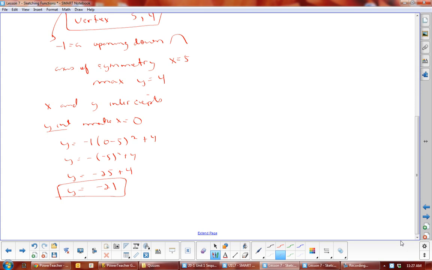Now let's do the x-intercept. They're a little bit more work. We're going to make y equals 0. Okay? Now, I like to use the factored one for this. So 0 equals negative x minus 5 squared plus 4. Okay, let's isolate x. Now, if you put it into the original, it's not that much more work.